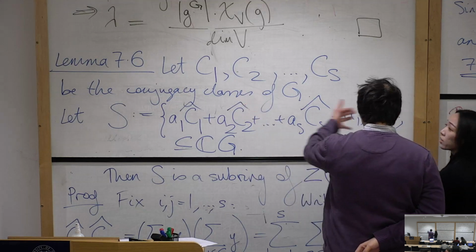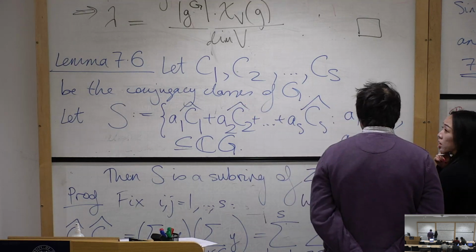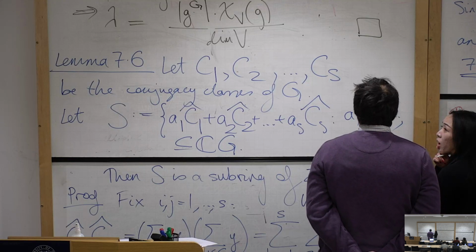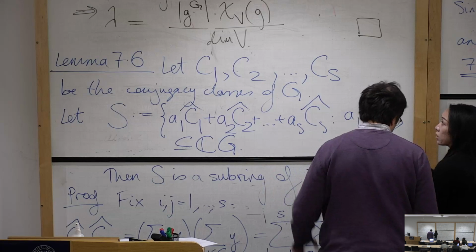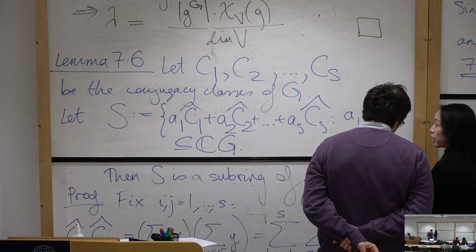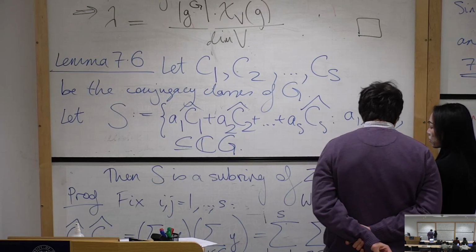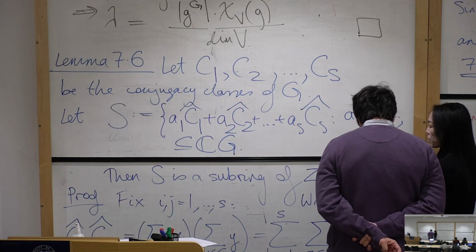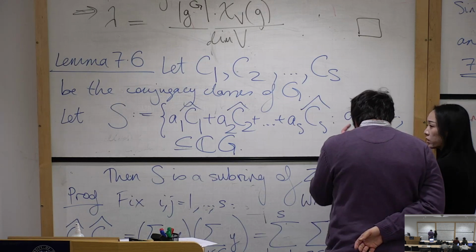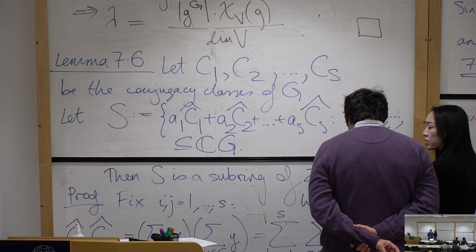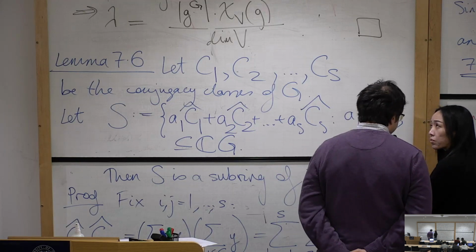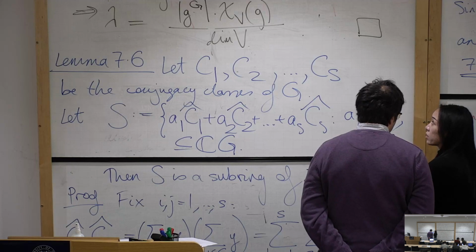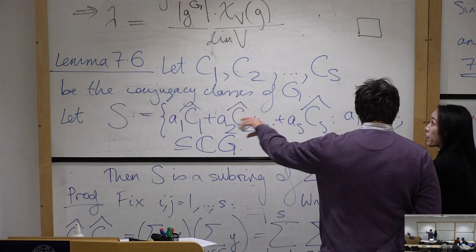You first clear the denominators. You can do that in a way that the ideal generated by all the coefficients throughout. You take the LCM and then take the first coefficient and divide by it.